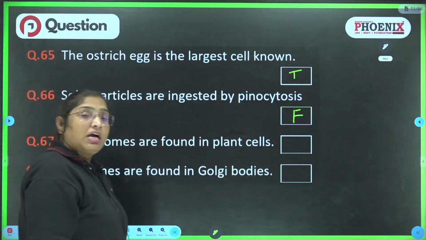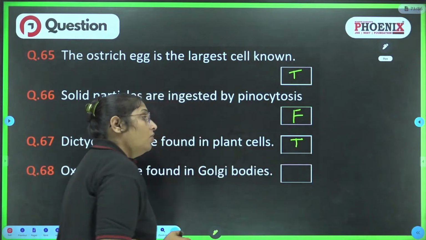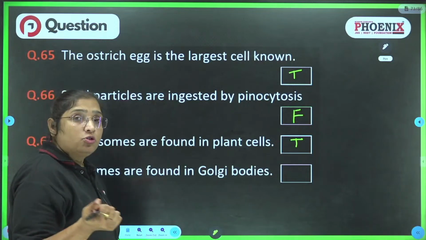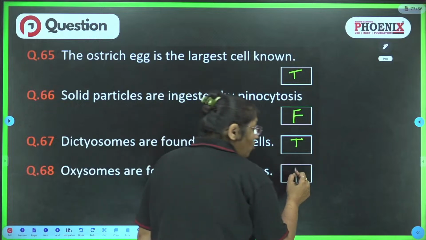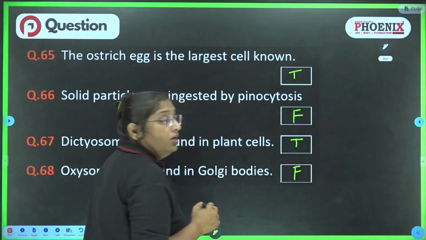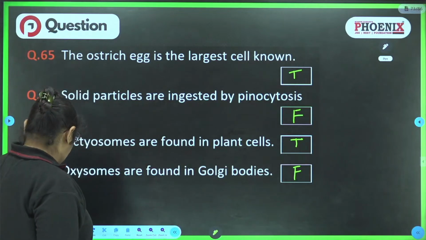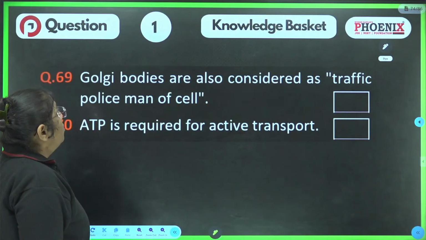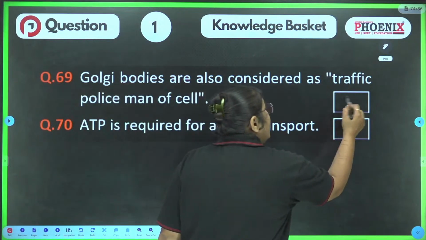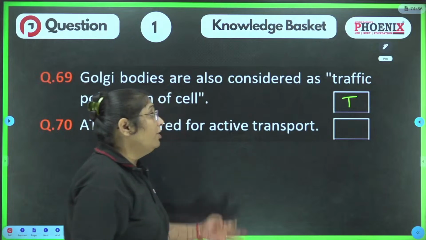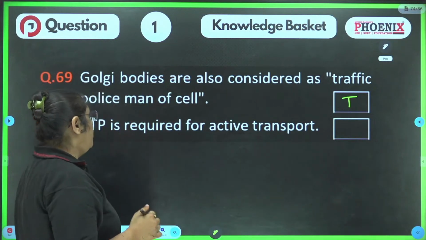Dictyosomes are found in plant cells. Yes. We discussed a while ago that Golgi apparatus is termed as dictyosomes in plants. Oxysomes are found in Golgi bodies. This is false. Oxysomes are found in mitochondria and they help in ATP generation. Golgi bodies are also considered as traffic policemen of the cell. Yes, because they are involved in the modification and transportation of packed proteins.